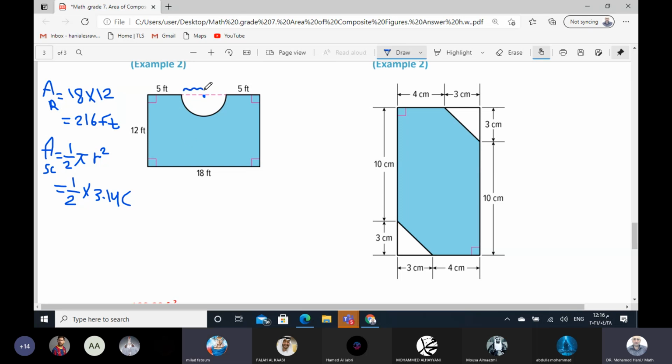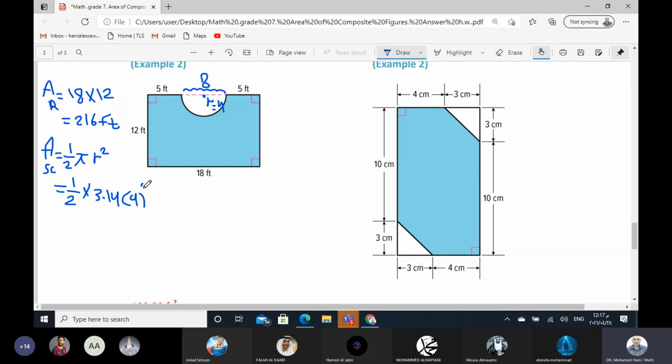Mr. Because 5 and 5 is 10, and down 18 minus 10 is 8. And 8 is the diameter, all this red line. We do the same operation, but then we divide it by 2. So the radius will be what? 4, Mr. Great. The radius, the half of this distance, 8 divided by 2 will be 4. So r equals 4.